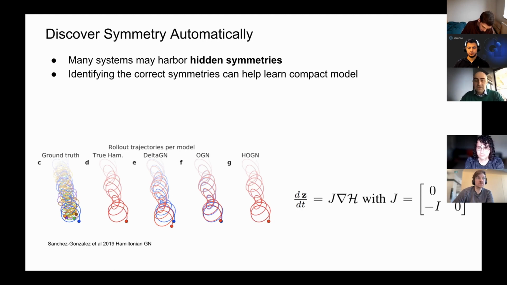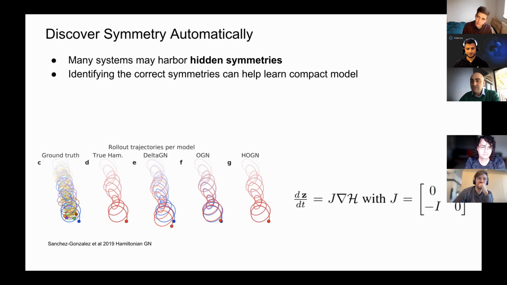So we were also asking the question, can you have a method that's simple enough so that it's also able to discover symmetries from data. Our goal was not to come up with a very sophisticated, complicated model.